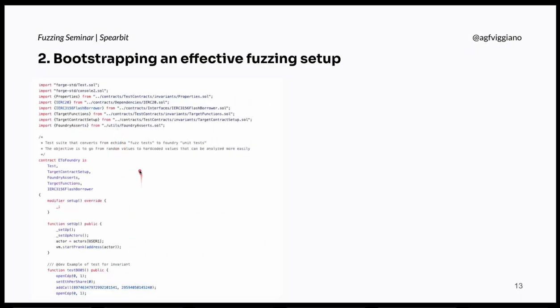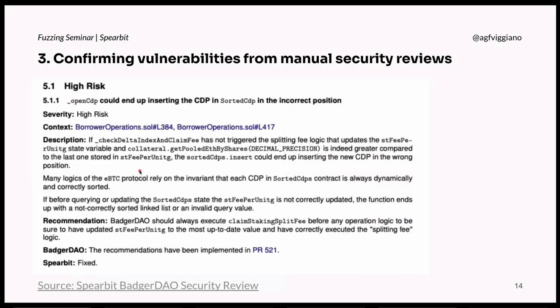So this is the whole setup, and now comes the more exciting part, which is how we are able to find these vulnerabilities. And just before I start, one approach that we took when we started this engagement was to do this invariant testing work in a blinded approach.